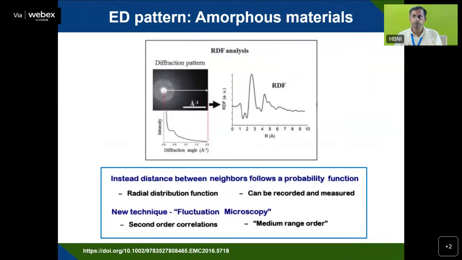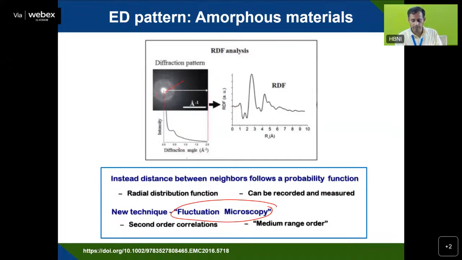From an amorphous structure, it is very difficult to identify this information. But nowadays in TEM, you can get the radial distribution function. This new technique is called fluctuation microscopy, where from the ring pattern, the intensity of the diffraction ring is found, and then how the intensity of the diffuse ring changes from the center outward, and you are able to get a radial distribution function, RDF.